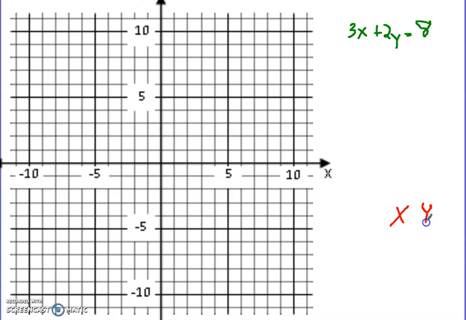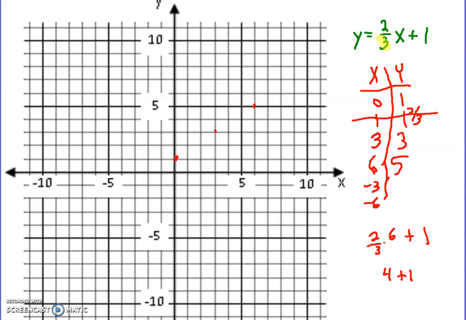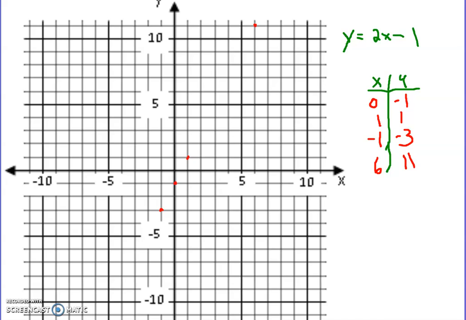You don't have to do that. Use your algebra first, and what you're trying to solve for is y. Notice all those other equations said y equals -3/4 x plus 2, y equals 2/3 x plus 1, y equals 2x minus 1.